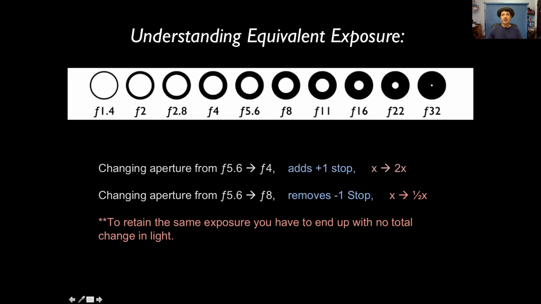We could think of that as halving the amount of light, or if we had X as the amount of light, then it would become half an X, okay? So the ultimate idea of equivalent exposure is to retain the same exposure. You have to end up with no total change in light.